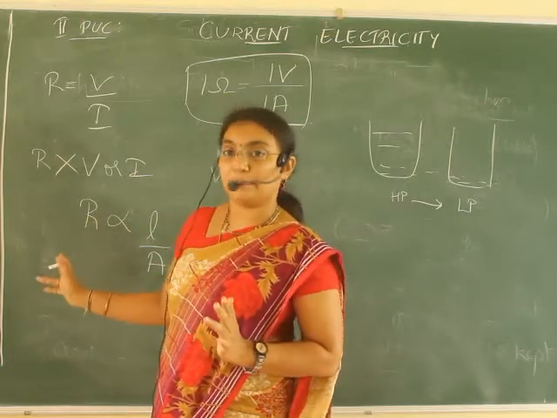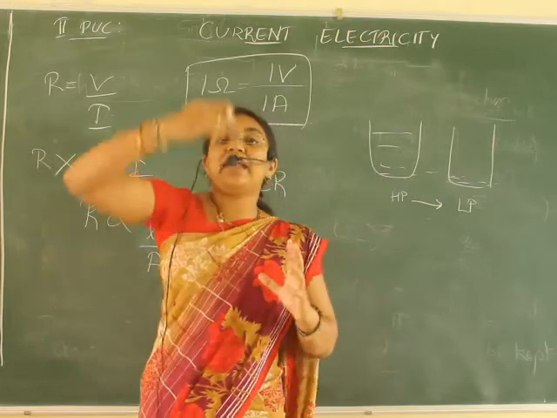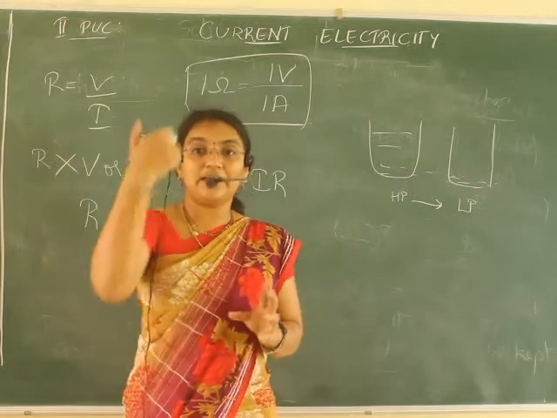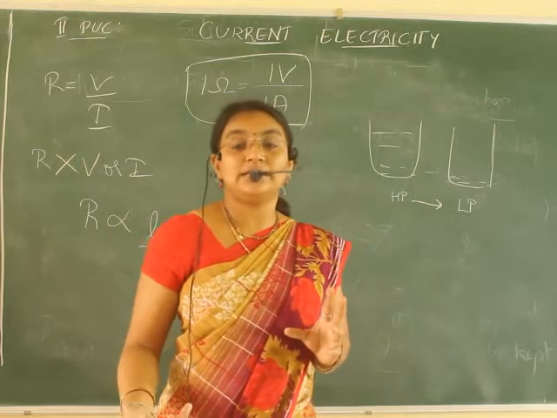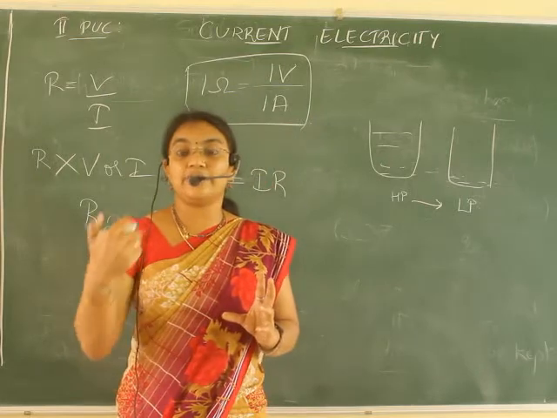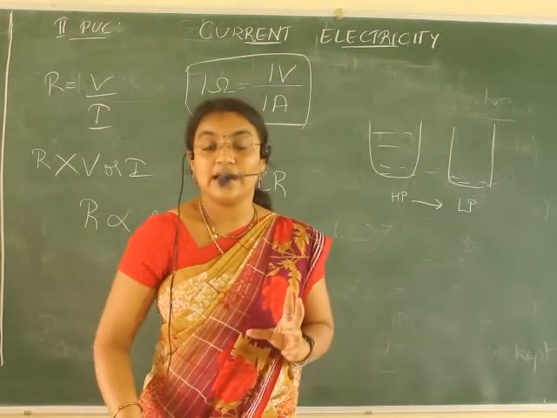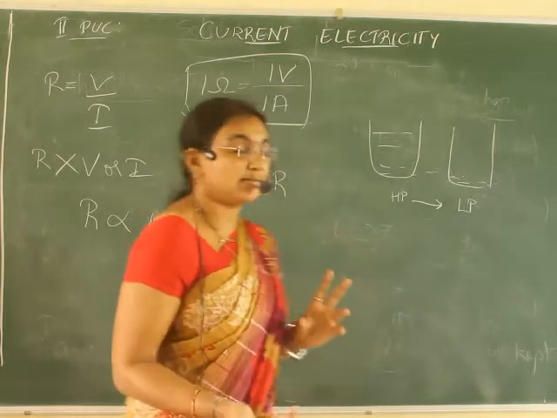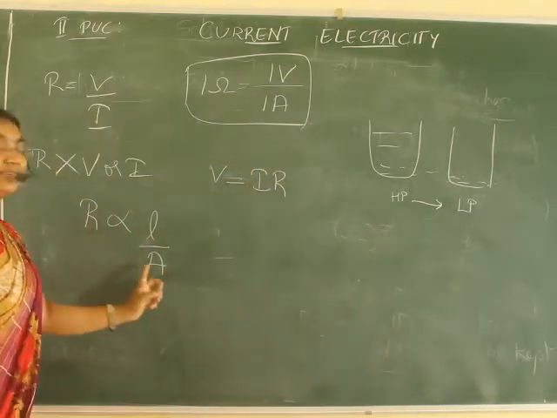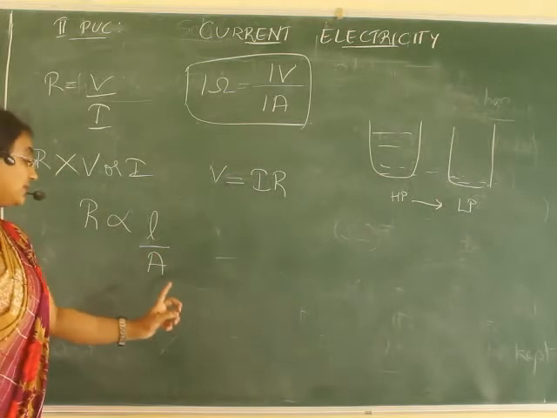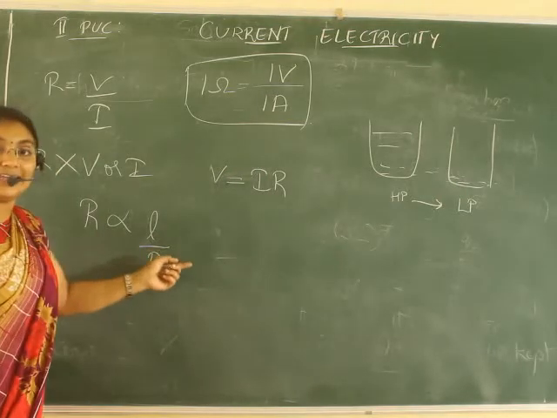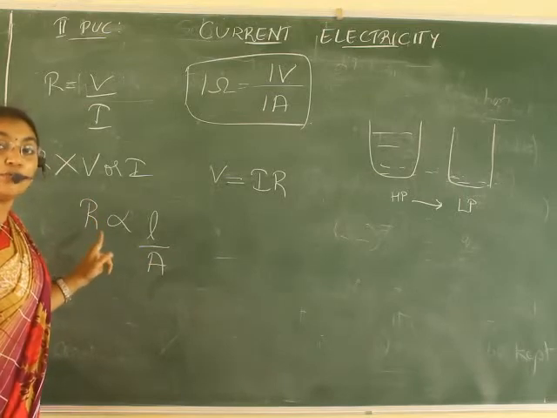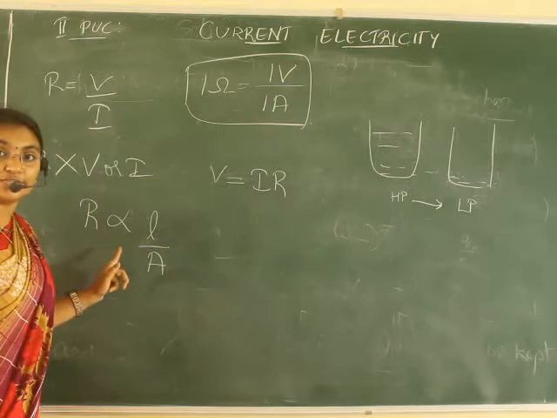It is directly proportional. If the pipe has a large area of cross section, then as the area increases, the amount of current flowing also increases. Resistance is inversely proportional to area of cross section. That means as the area increases, resistance decreases, and more current flows.